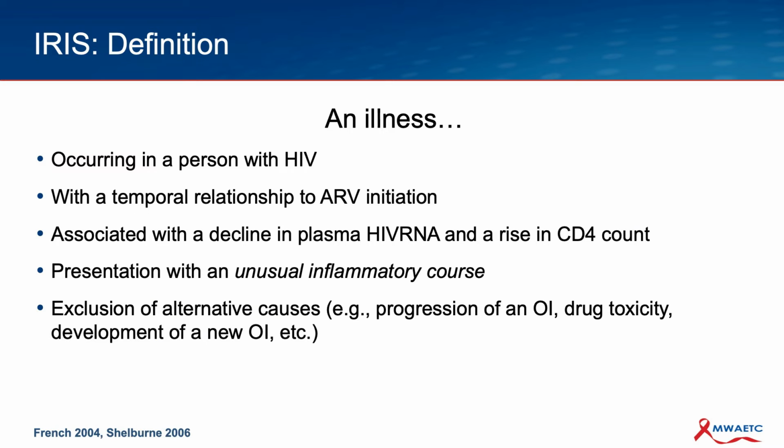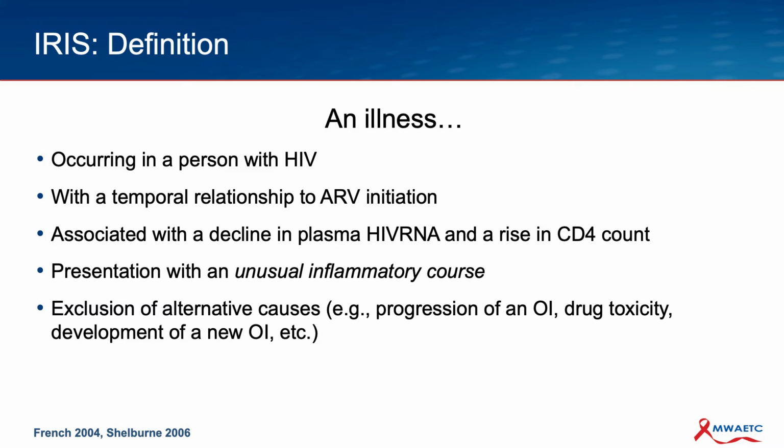Just a reminder, IRIS is an illness that occurs in a person with HIV, and it has a temporal relationship to them starting antiretroviral therapy. It's associated with a decline in viral load, as well as a rise in CD4 counts. And this is the key point: it really has to be a clinical presentation with an unusual inflammatory course.